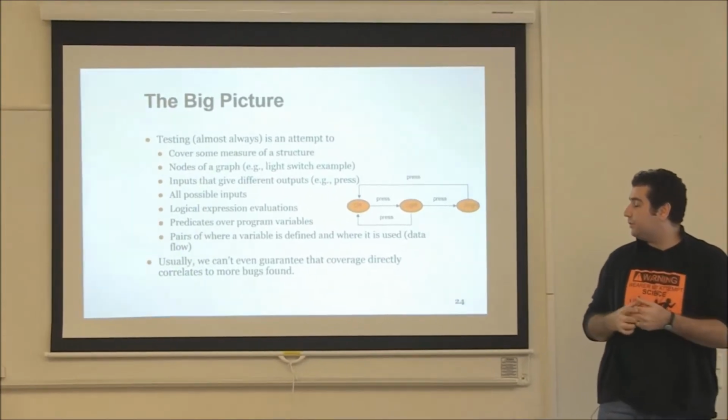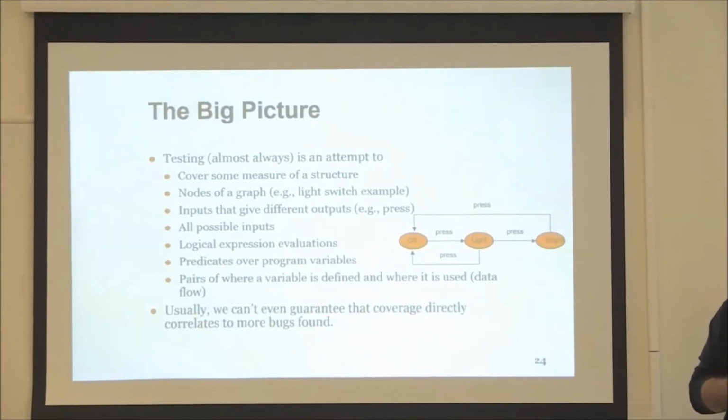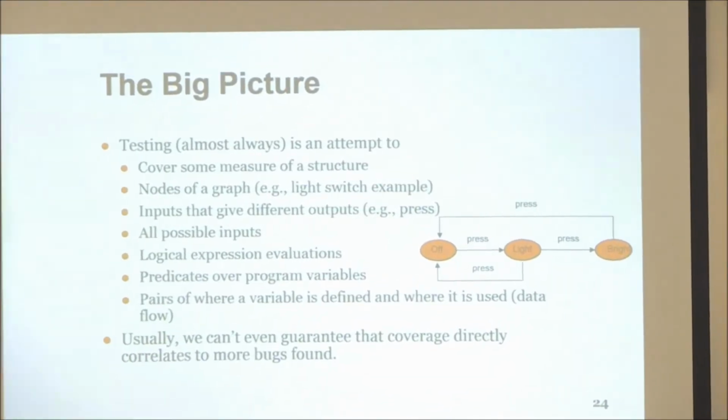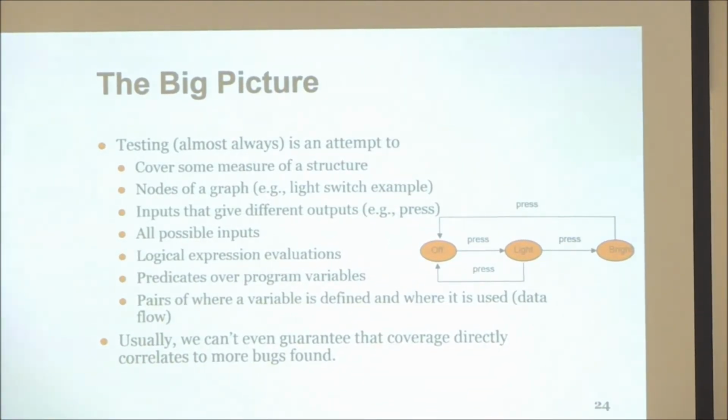We're in the software testing course, so even if you talk about models, you need to go back and see what the purpose of testing is. In my mind, testing is almost an attempt to cover something. You cover some measure of a structure, or you cover some nodes of a graph, like in the light switch example, or inputs that give different outputs. So you look just at the input space.